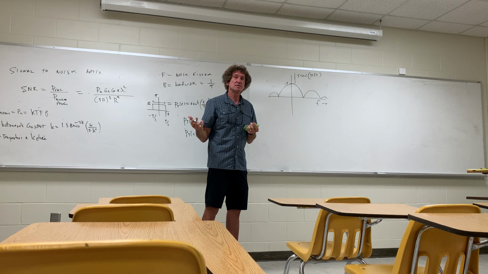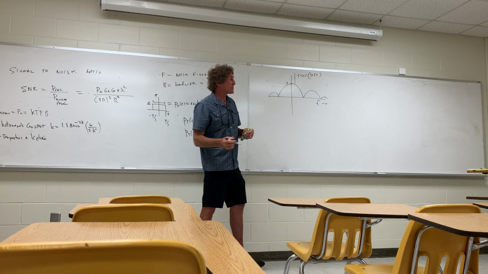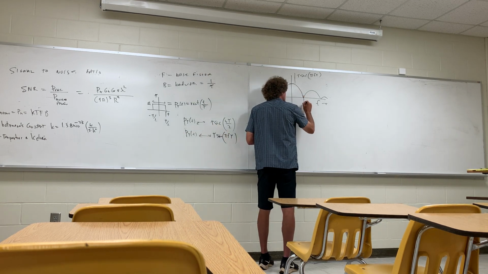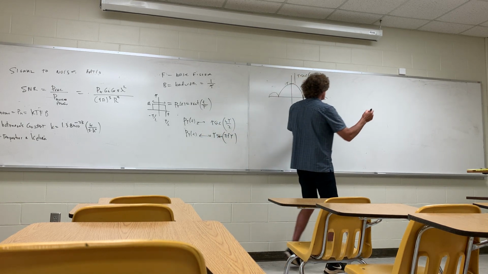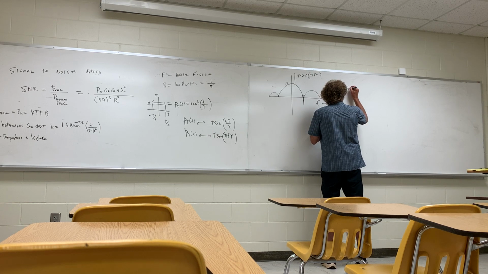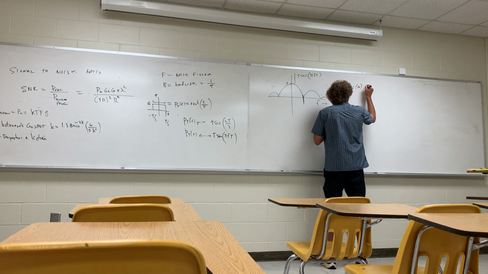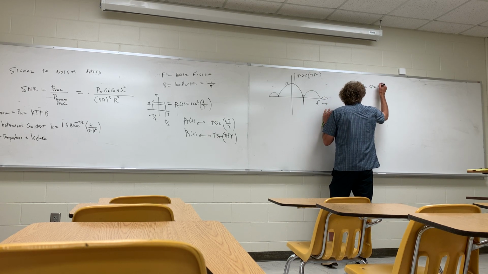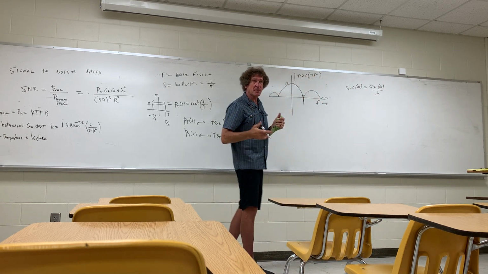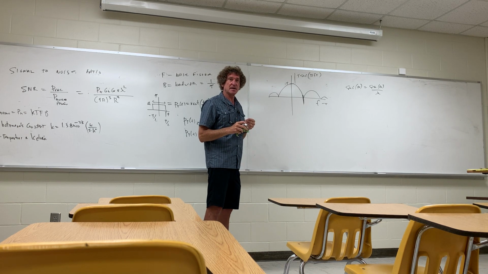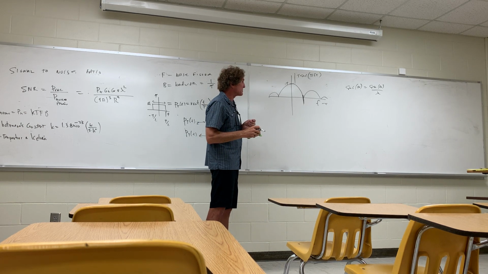Do y'all remember that class? Here's where the bandwidth comes from. You see this first zero right here? How would we find that? Do you remember what a sinc function really is? The sinc of x is equal to sine of x over x. That's the mathematical definition, where x is the argument of the sinc function.